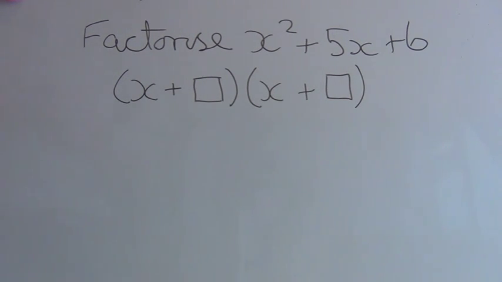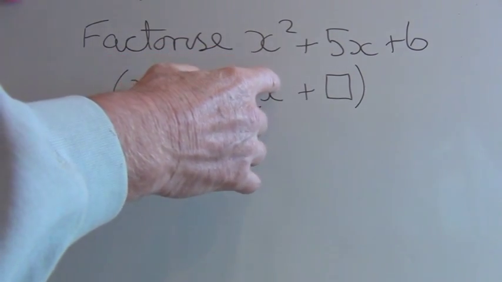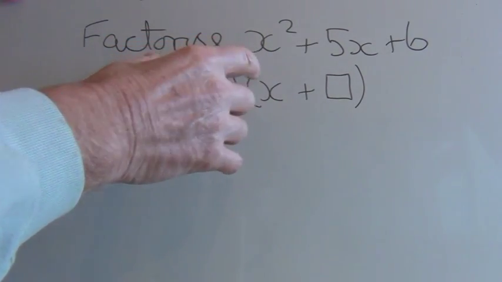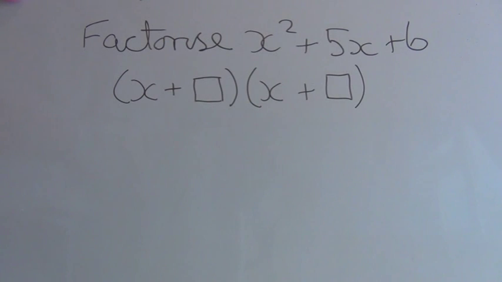Now, again, the first thing we need to do is check the coefficient of x. So x times x gives x squared, and the coefficient is 1, so that is correct. Now let's look at the constant term. We need to find two numbers which multiply together to give 6, and there are two possibilities for this.